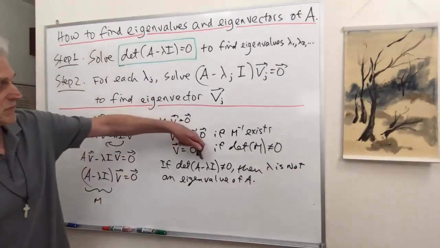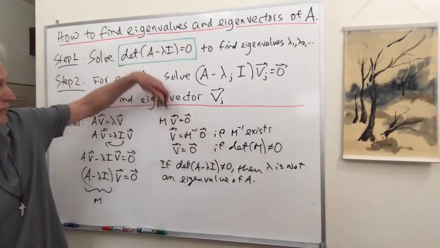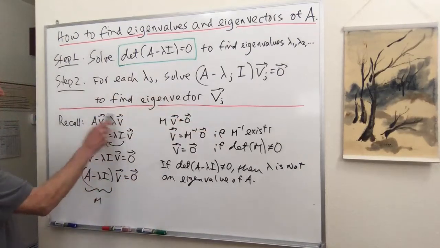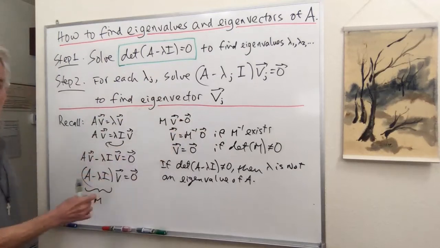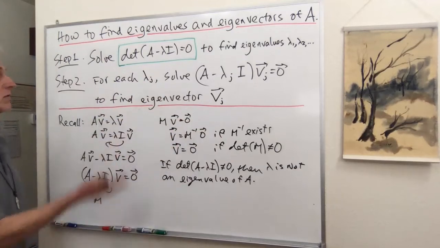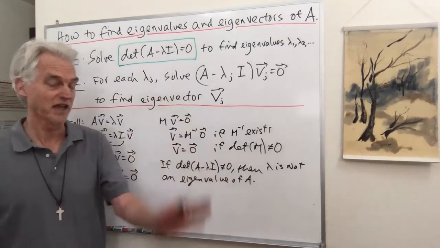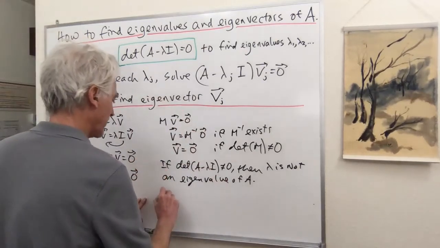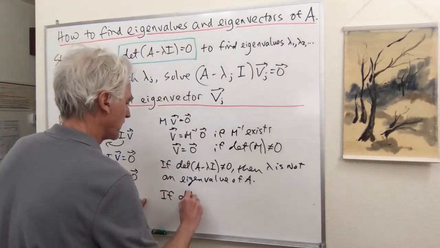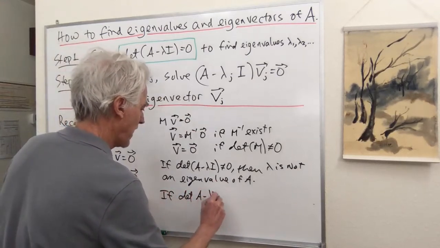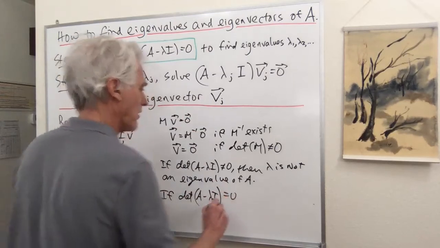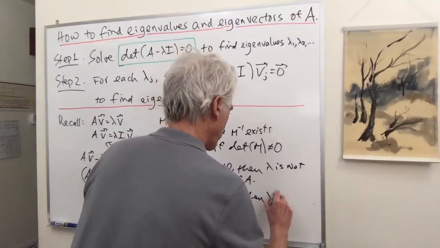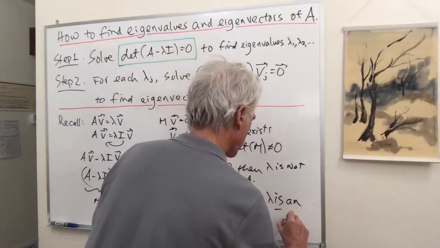If the determinant of A minus lambda I is non-zero, in other words, the determinant of M is non-zero, the only solution to this equation, or that equation, is V equals 0. And V equals 0 isn't allowed to be an eigenvector. So we also get that if the determinant of A minus lambda I equals 0, then lambda is an eigenvalue.